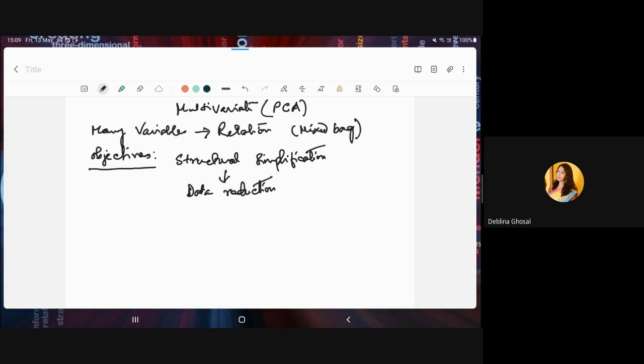This is the structural simplification. So using the total data of several variables, we will measure the response against one common question, and we identify the important variable. That is, data reduction means using the total data of several variables.